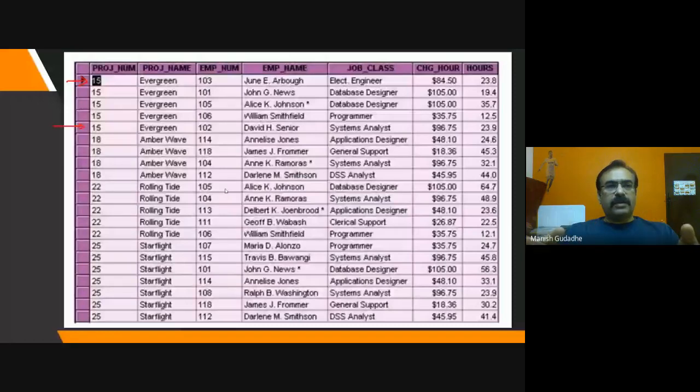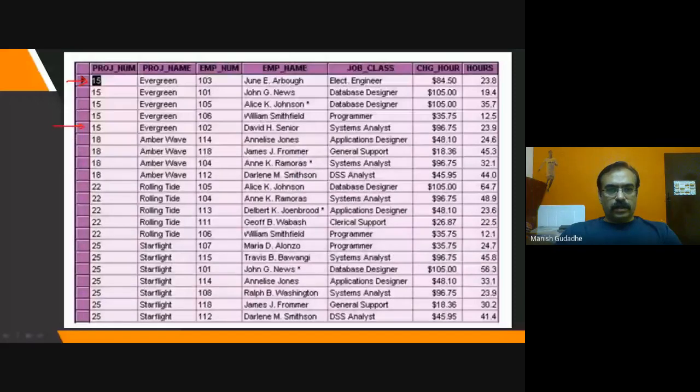If I am deleting one project, am I expected to delete all the employees associated with it? Now here I say: delete from this table where project number is equal to 15. All the rows will get deleted. It may happen that some employee works only for that project, in this case employee number 102, David.